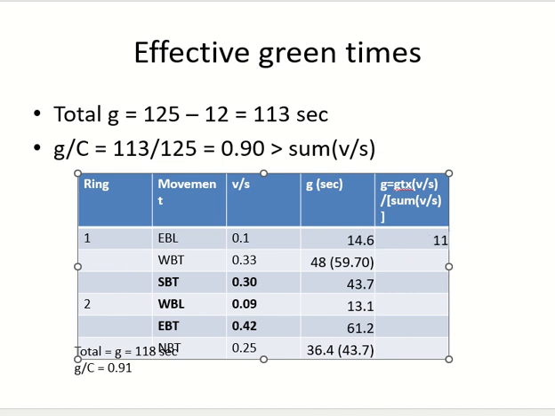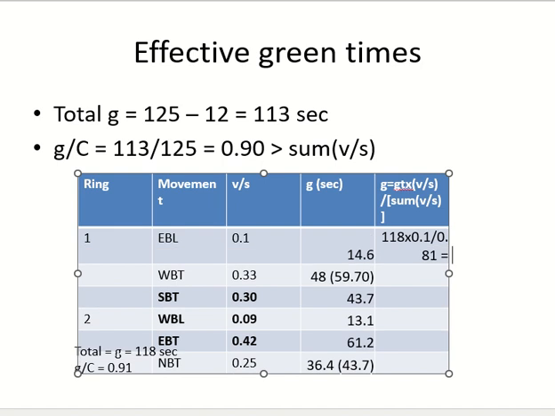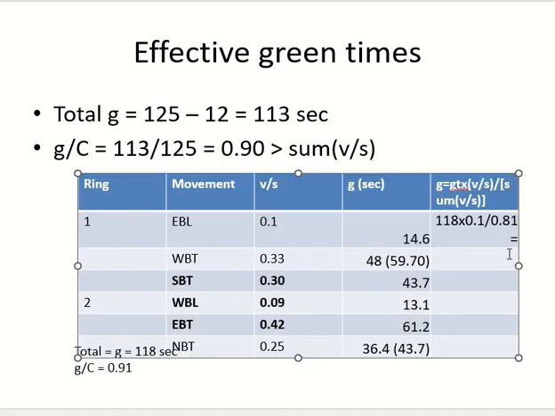So 118 multiplied by the V by S ratio of this phase, which is 0.1, divided by the total V by S ratio, which is 0.81. So how much will you get? No, summation V by S, the 0.9 of the G by C ratio.